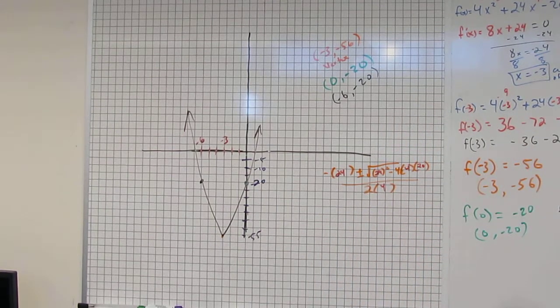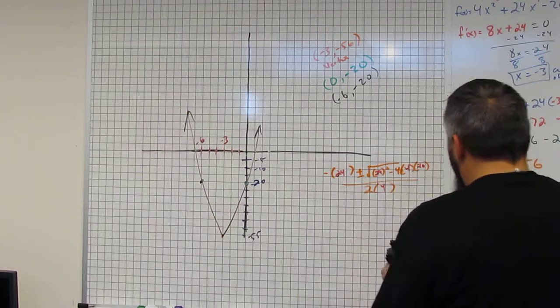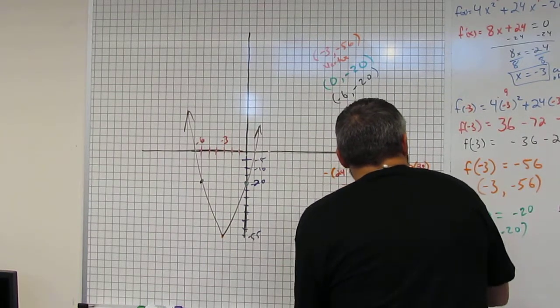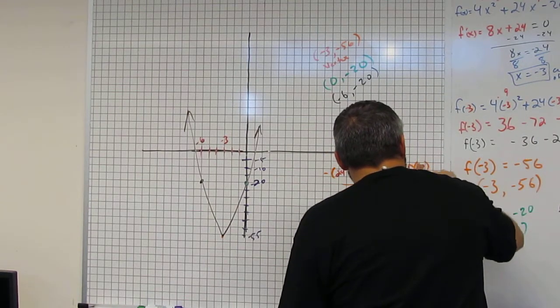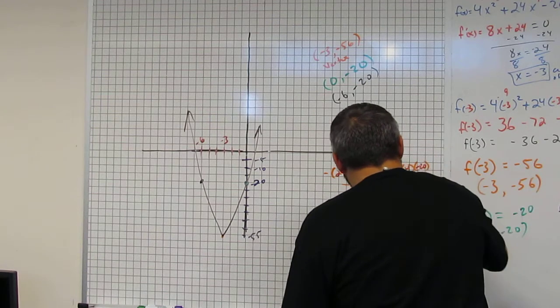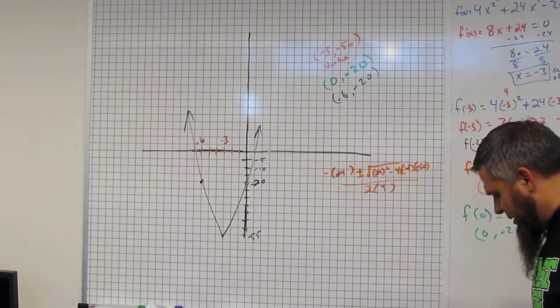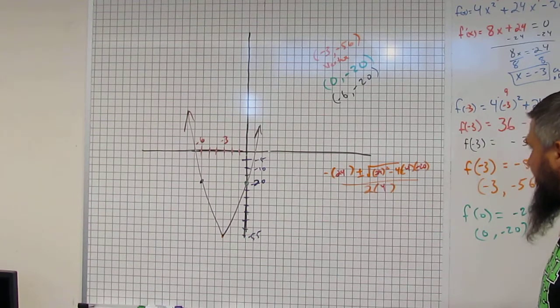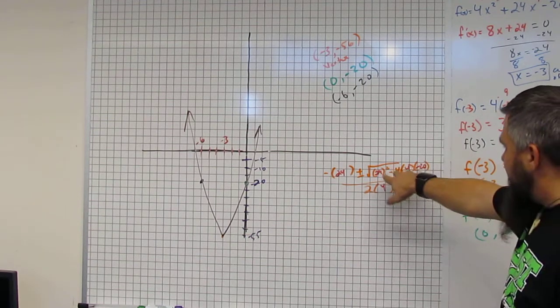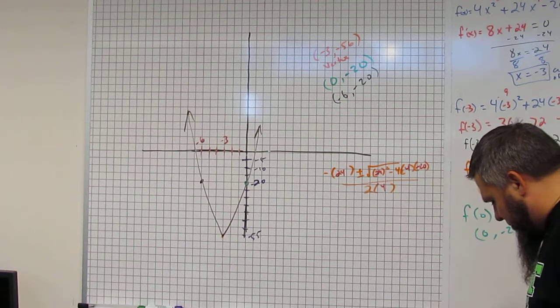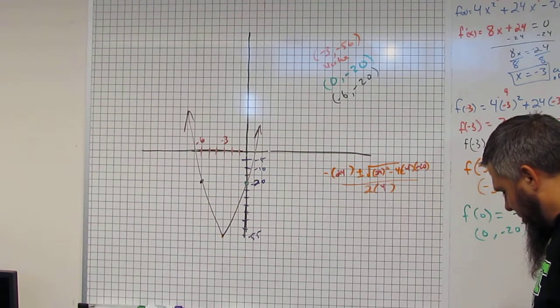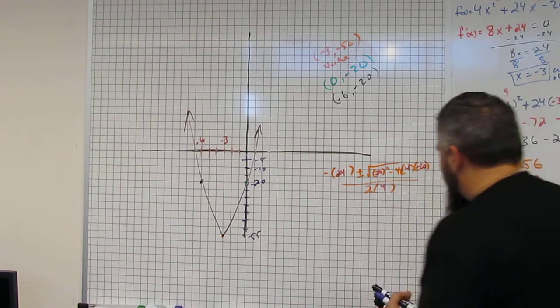Yeah, negative 20. Very important. Okay, use the calculator to do a lot of this work. So I want to do what's in here first. I want to do 24 squared, and that's 576.